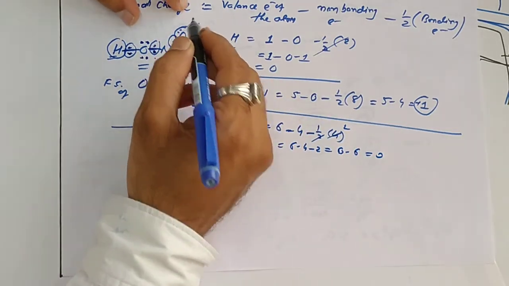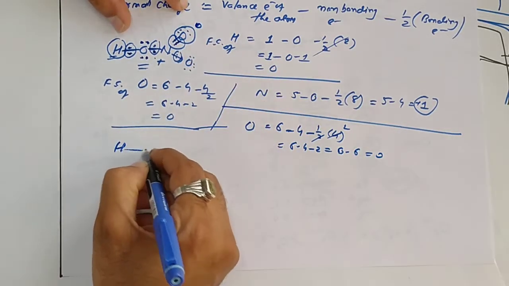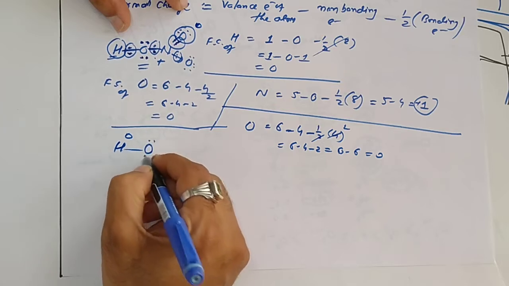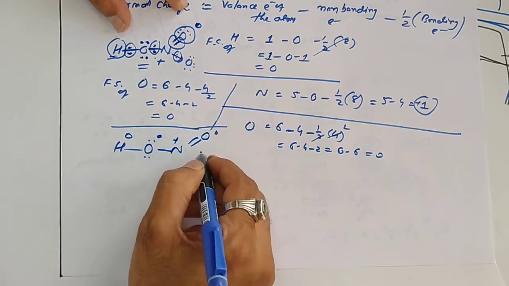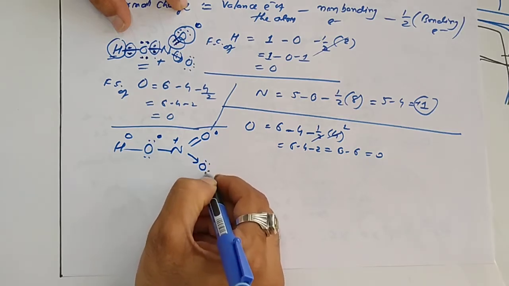So this one has no formal charge. Hydrogen has 0 formal charge, plus 1 here, 0 here.